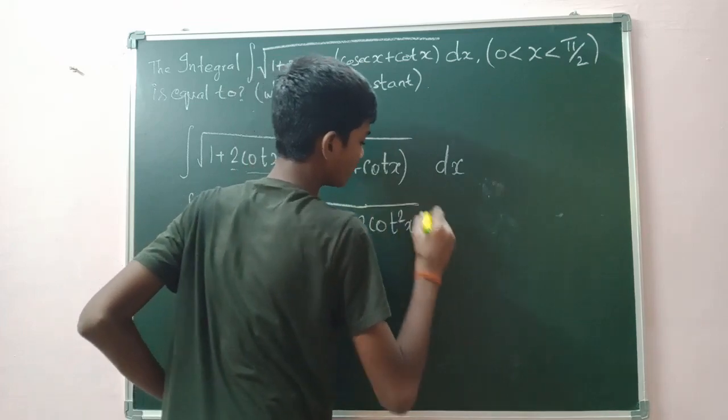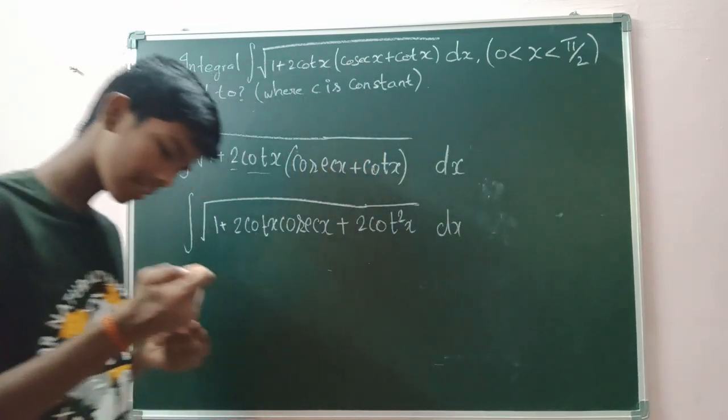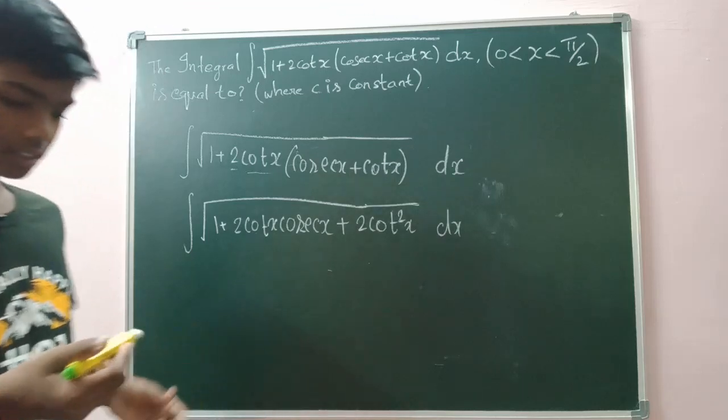Then on the whole I will have dx. One minute people, one minute wait. So this is the sum we are having now.